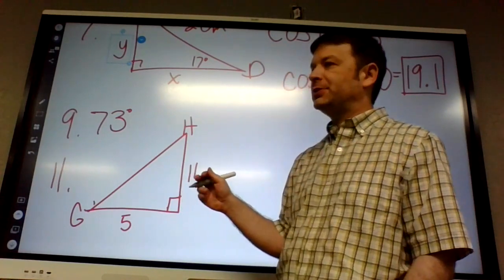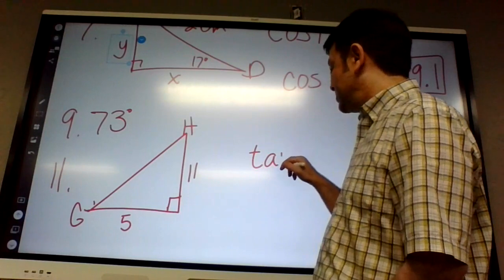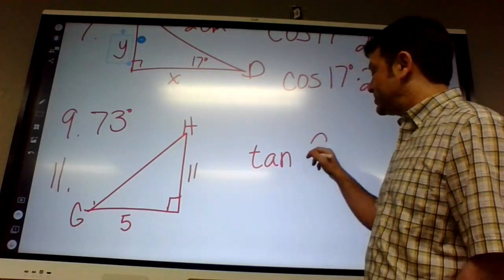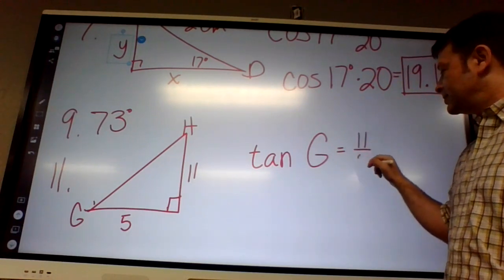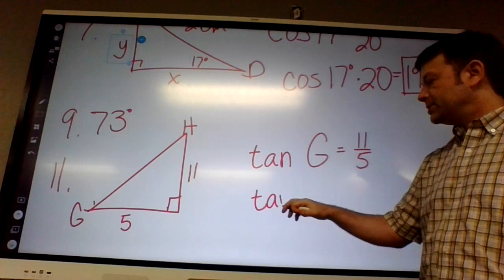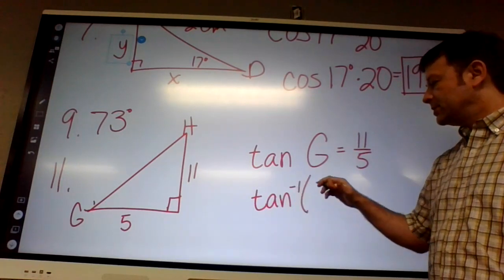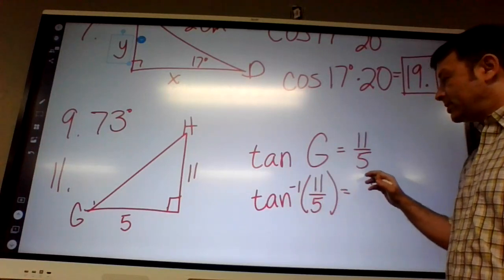Which trig function uses that? Right. So tangent, the normal version of tangent is tangent of the angle equals opposite over adjacent. So what are we going to plug in the calculator? Tangent inverse is what it's called, of 11/5, and that will spit out angle G.